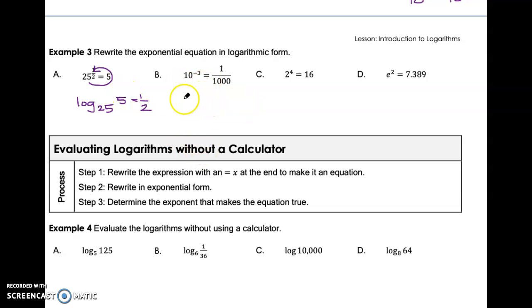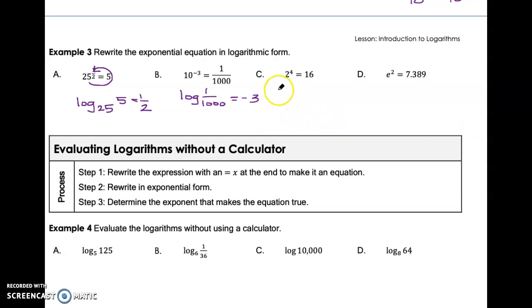In part B, we have a log base 10, which means I don't have to write the subscript, it's just a common log, of 1 over 1,000 is equal to -3. And remember, if I have a negative exponent, I move it to the denominator. That would be 1 over 10 to the positive 3, which is 1 over 1,000.